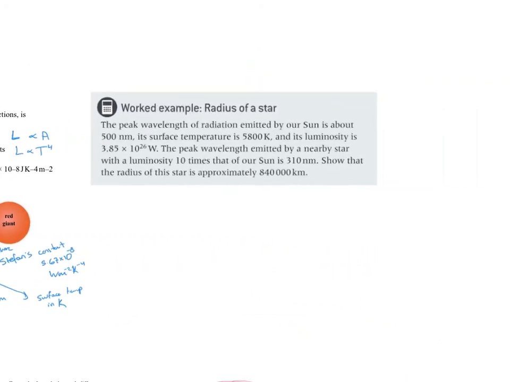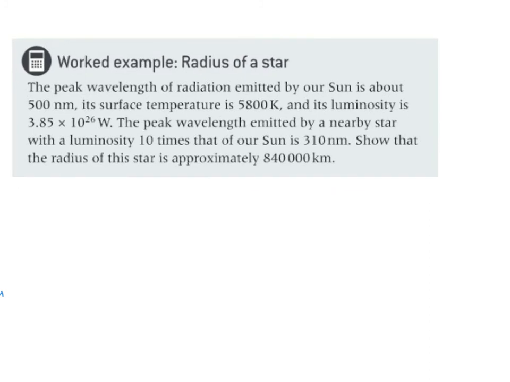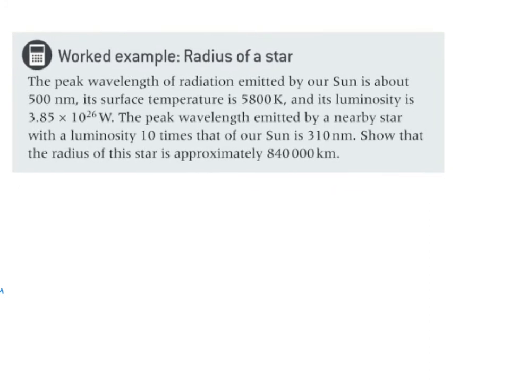So basically these are the two laws. We're going to look at an example where both laws need to be combined to figure out the answer. Here it says the peak wavelength, meaning the lambda max of radiation emitted by our sun, is about 500 nanometers. So we write that down.